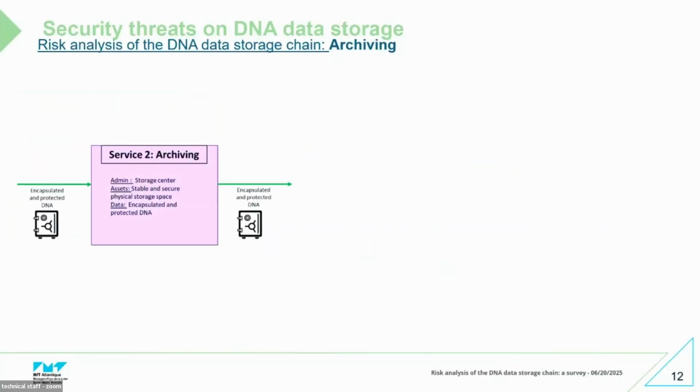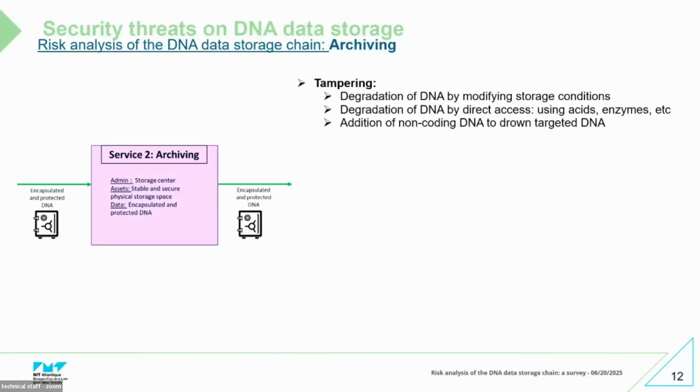Now, at the archiving step, it's possible to tamper with DNA, with several attacks that depend on the level of access that an attacker has. It's possible to degrade DNA by modifying storage conditions, such as temperature or humidity.